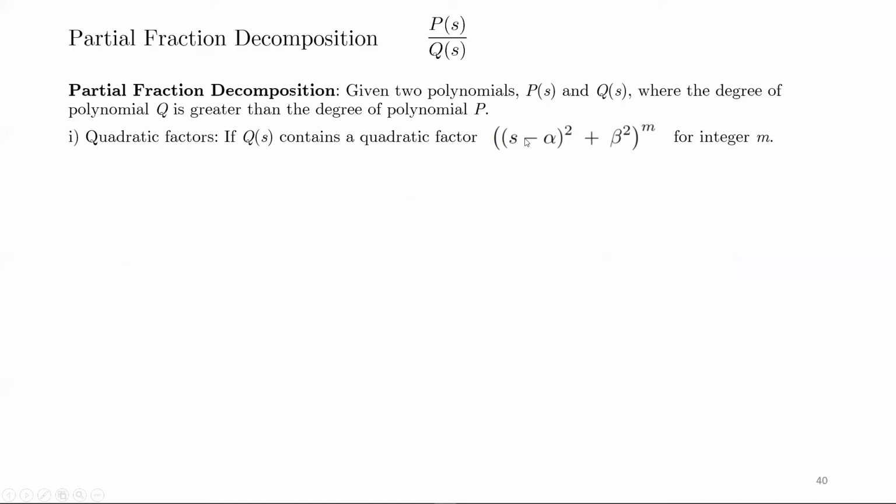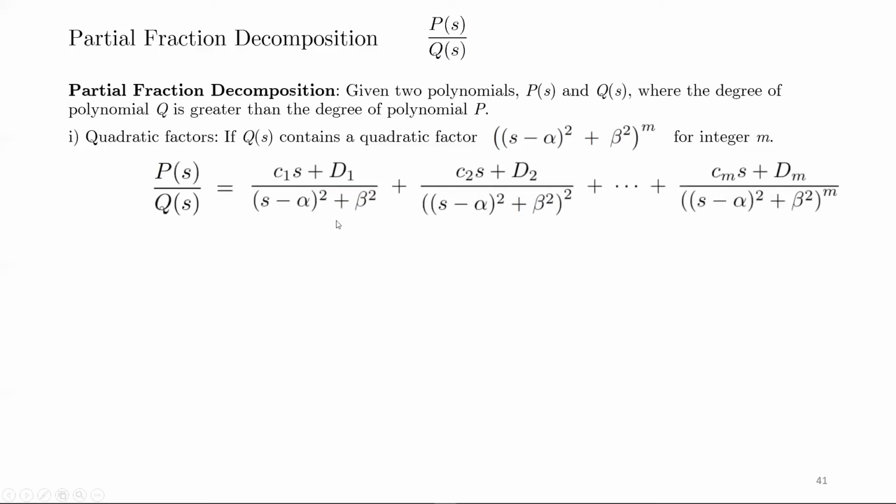So if we have something that looks like s minus some constant squared plus some constant squared, all to the power of m for an integer m, then we can rewrite the ratio P over Q like so. C1 times s plus D1 over s minus alpha squared plus beta squared, plus C2 times s plus D2 over s minus alpha squared plus beta squared, all the way through to the mth term.